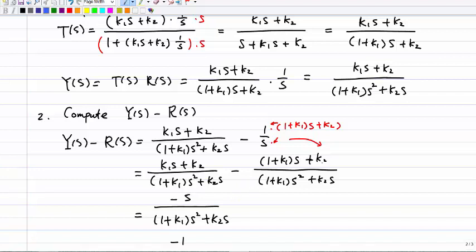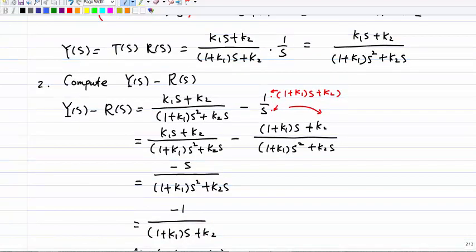The numerator of the second will be 1 plus k1s plus k2. If we do the subtraction, we get minus 1 over 1 plus k1s squared plus k2s. Nicely, this s can cancel out over here, so we get negative 1 divided by 1 plus k1s plus k2. So that's y sub s minus r sub s.